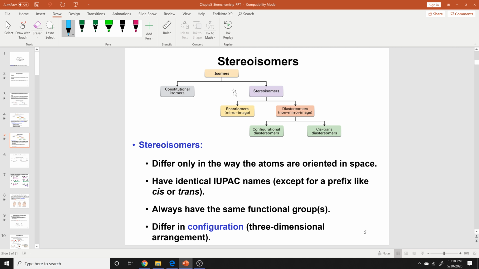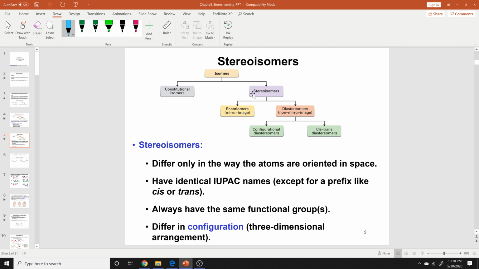They have the same molecular formula, but either you can write them differently, which means that the connectivity of the atoms is different, or you can rotate the molecule, and by rotation you end up getting a different compound with different properties, but it still has the same molecular formula.